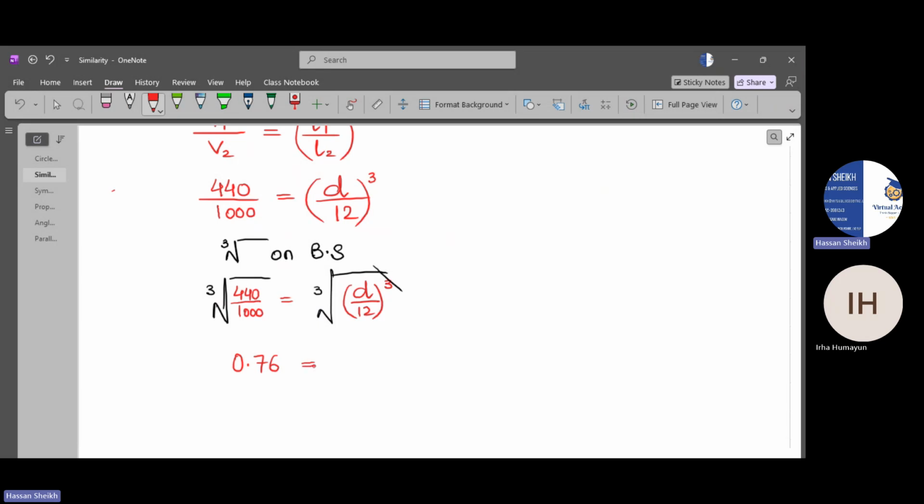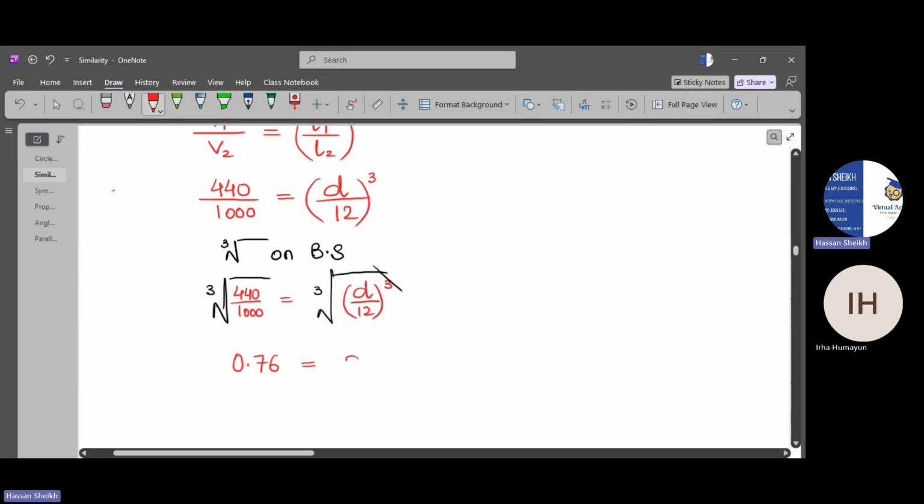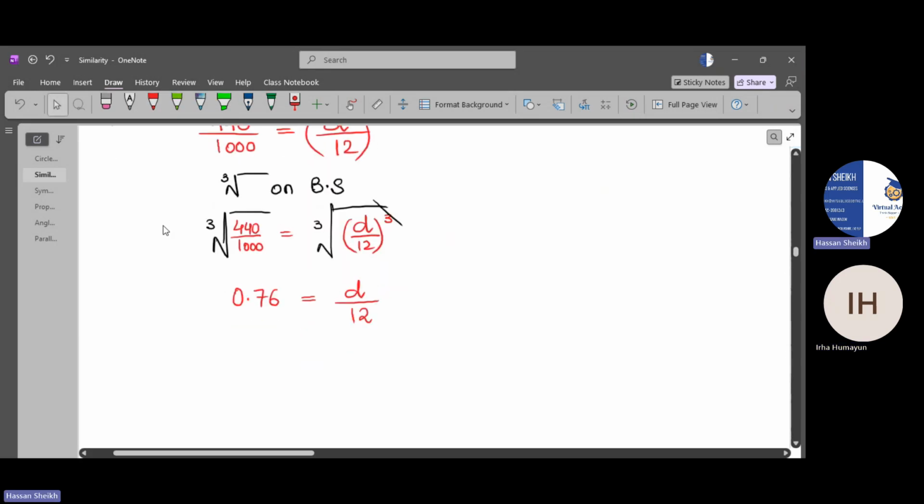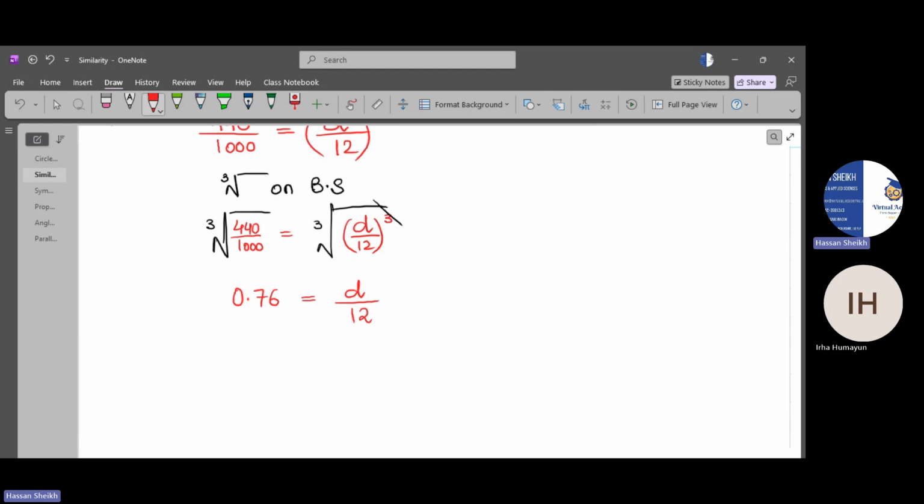So this equals D over 12, because the cube root removed the cube. Then multiply the previous value on your screen by 12.